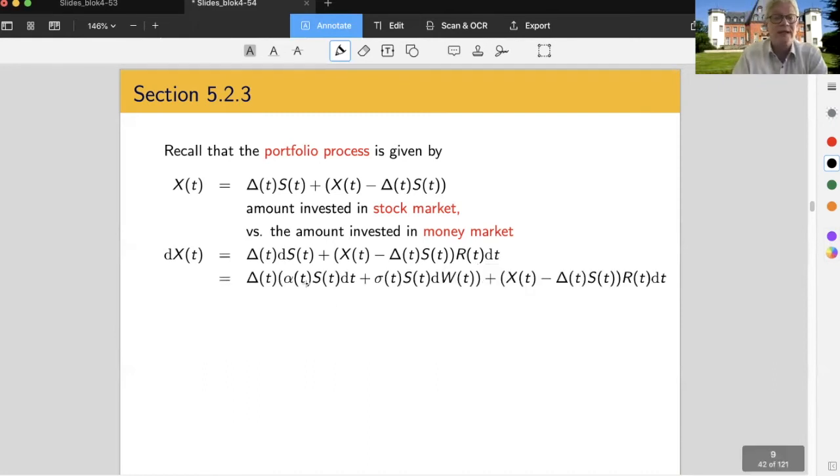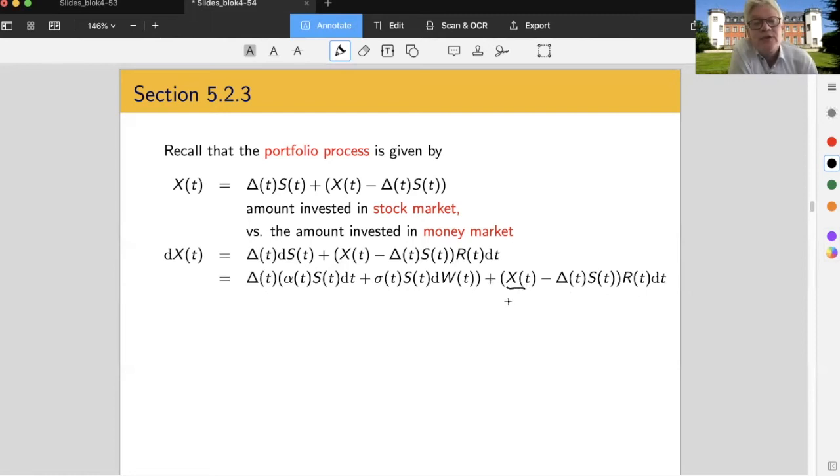So we do that in the next line. That is in fact Delta_t times dS_t, which is alpha_t S_t dt plus sigma_t S_t dW_t, all multiplied by Delta, plus X_t minus Delta_t S_t r_t dt, and that is just copied and written over here. Now we can collect the dt terms, and we first write down X_t r_t dt.